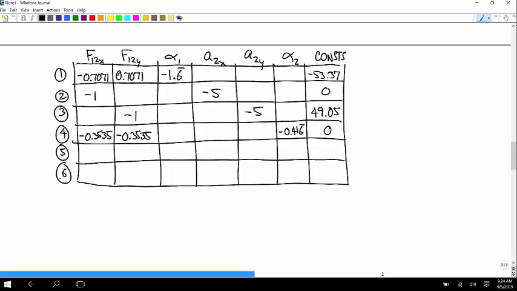Equation 5: alpha 1 is negative 0.7071, A2X is negative 1, alpha 2 is negative 0.3535, and the constant is 35.35.